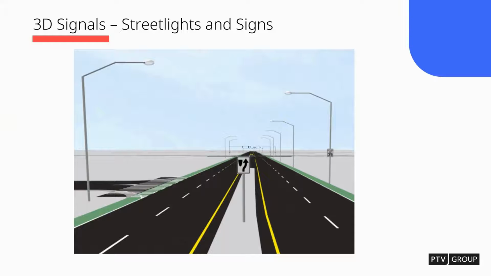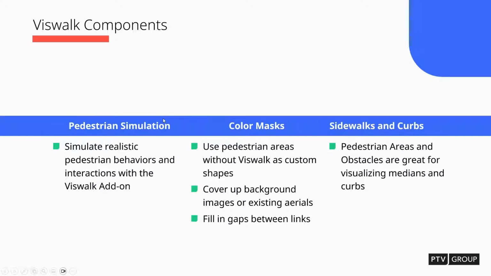Okay. We're going to go into talking about some of the VisWalk components, how we can utilize these components to help visualize sidewalks and curbs and things like that. But a third use that I end up using a lot, and I know Sean's used it a lot as well, is using pedestrian areas as masks, right?